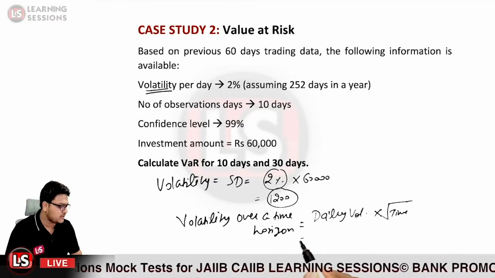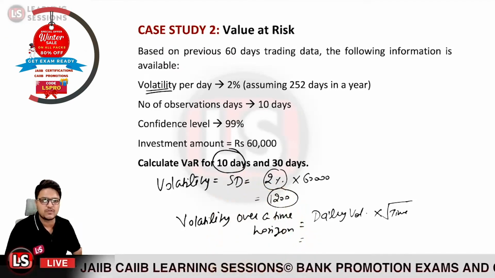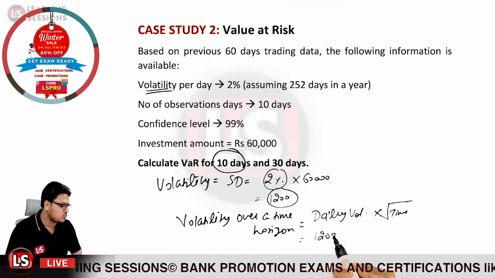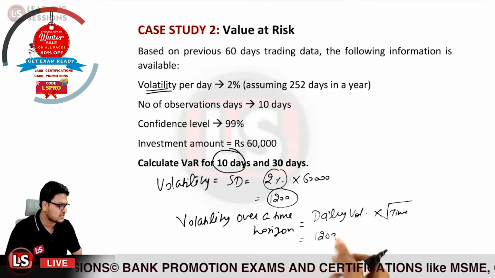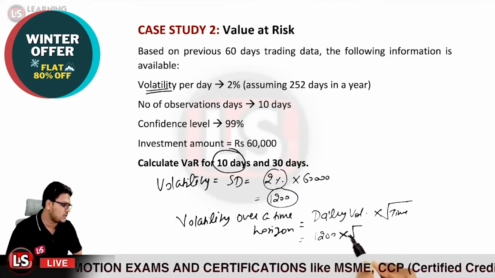Here we need to calculate the volatility first of all for the 10-day period. So it will be daily volatility, 1200, that is 2% of 60,000, the invested amount, multiplied by the square root of 10.